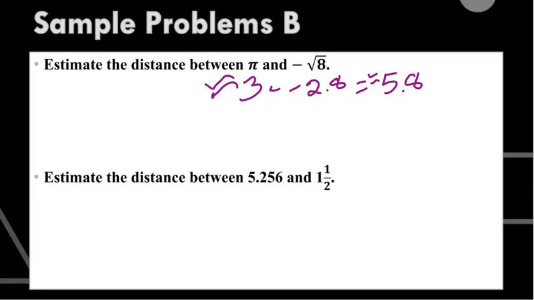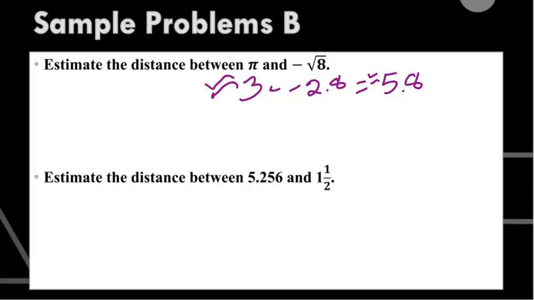Now, if I rounded the negative square root of 8 to the nearest whole number, or nearest integer, then that would be a negative 3, and you would say it's about 6 steps away from each other. By the way, 5.8 would be good. And the last one, estimate the distance between 5.256 and 1.5.